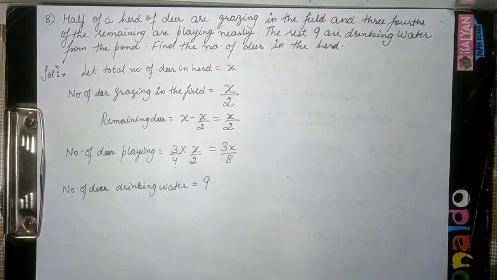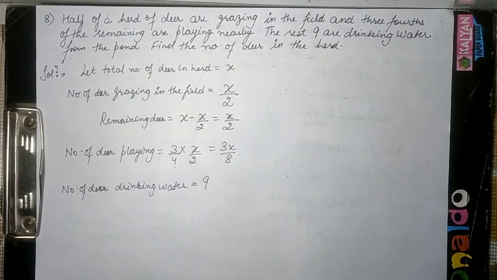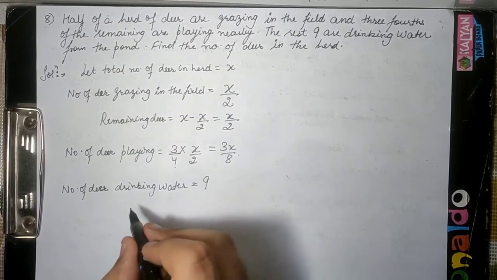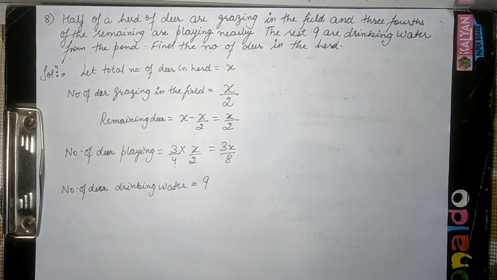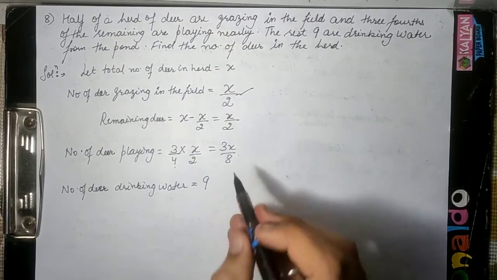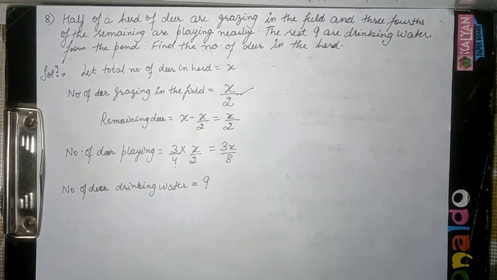Half of the deer are grazing in the field, 3/4 of the remaining are playing nearby, and the rest 9 deer were drinking water. So now the total number of deer, this half, that means x by 2, which is grazing in the field, this 3x by 8, those who were playing, and these 9 who were drinking, collectively they will form the group, that is the total number of deer.